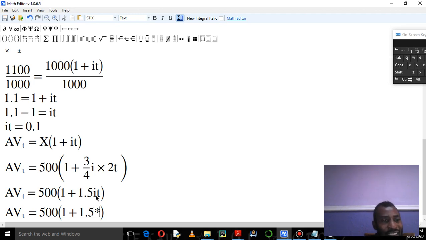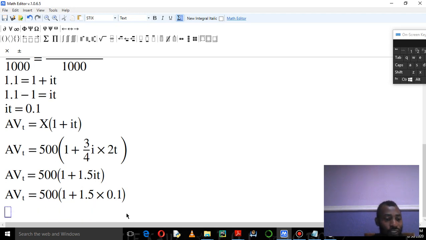Now our IT, we've calculated our IT to be what? To be 0.1. So here we'll be having 1.5 multiplied by 0.1. Do you understand the logic? This IT here is 0.1, so you multiply 0.1 by it.